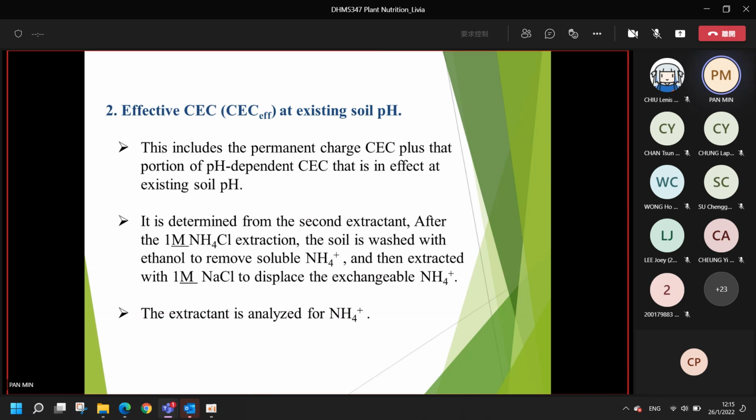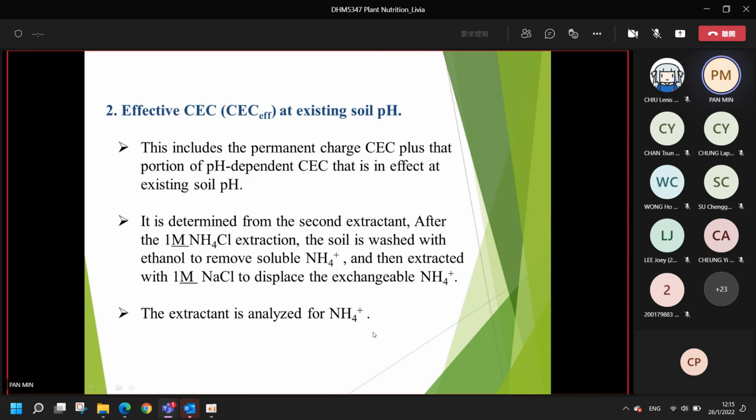the actual ammonium concentration in your soil type. Then extract once more with sodium chloride to displace the exchangeable ammonium.